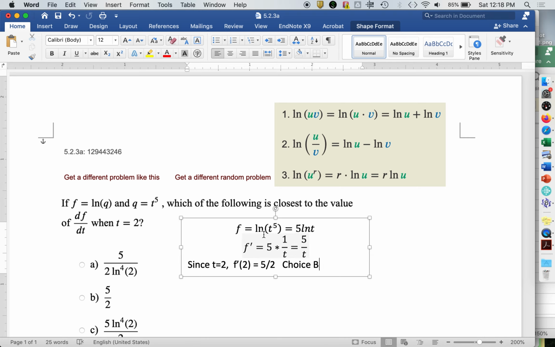There I had natural log on the outside and t to the 5th on the inside, which fit that third little rule of logs. It's much easier to do this problem if you simplify first. Practice this one a few times.